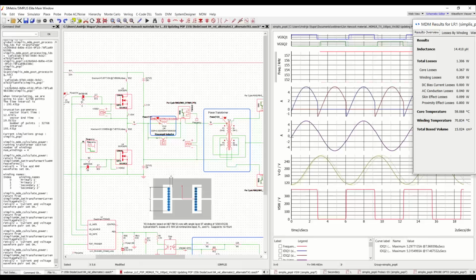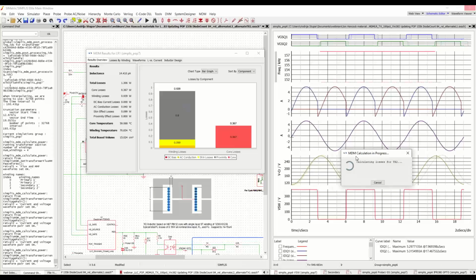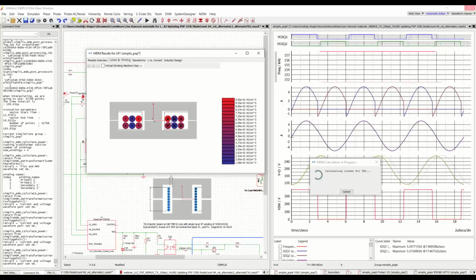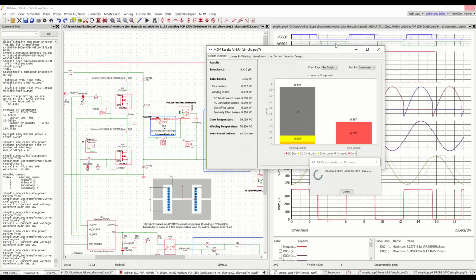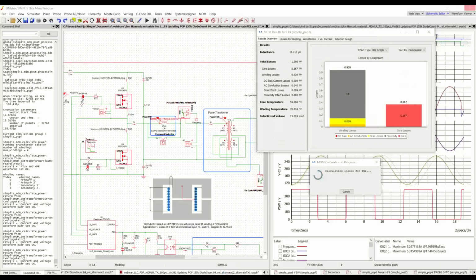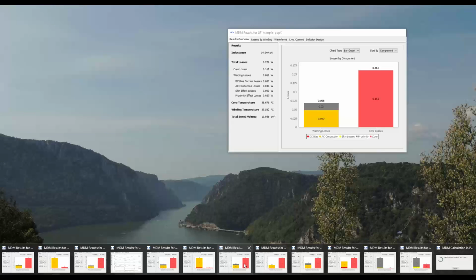So the first thing we notice is that now our revised alternative inductor is no longer terrible. By reducing that air gap, we have cut down the proximity loss by like 10 times. And now we have something that's acceptable, 1.306 watts. It's still not as good as the RM design, which I'll find here.